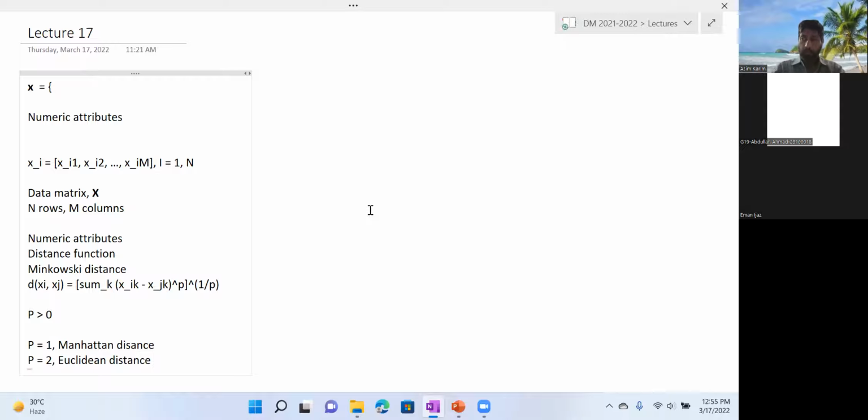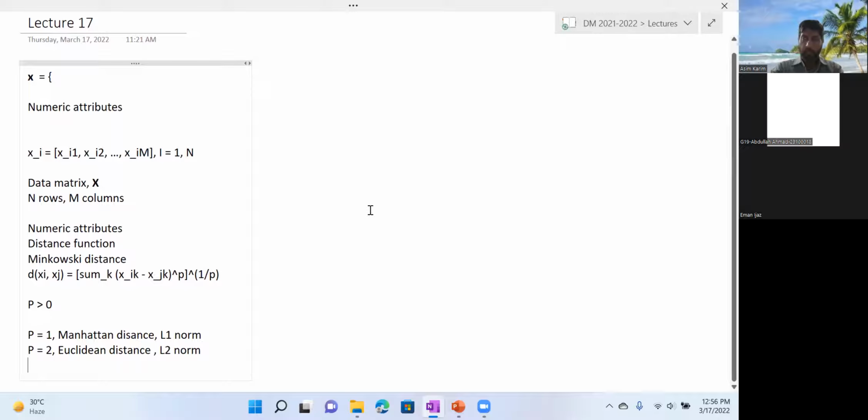And of course, in functional analysis, this is also called the L1 norm, and this is called the L2 norm. And in general, for p, we have what is called the Lp norm.